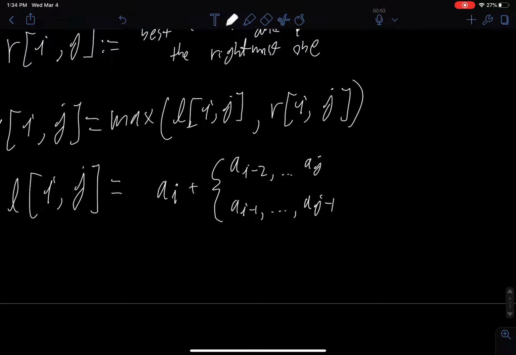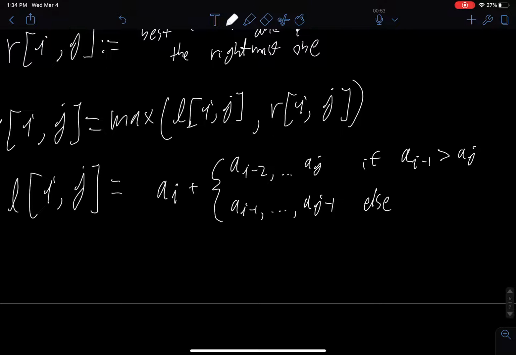If after we choose to take a sub i, Ning chooses to take a sub i plus 1, then we're only going to have a sub i plus 2 through a sub j to look at. But if Ning takes card a sub j, then instead we're going to have a sub i plus 1 through a sub j minus 1 to look at. And what does this depend on? Since our opponent, Ning, is playing with a greedy strategy, Ning will choose a sub i plus 1 if a sub i plus 1 is greater than a sub j.